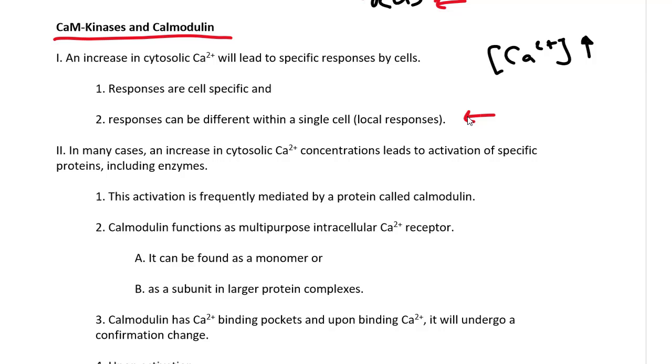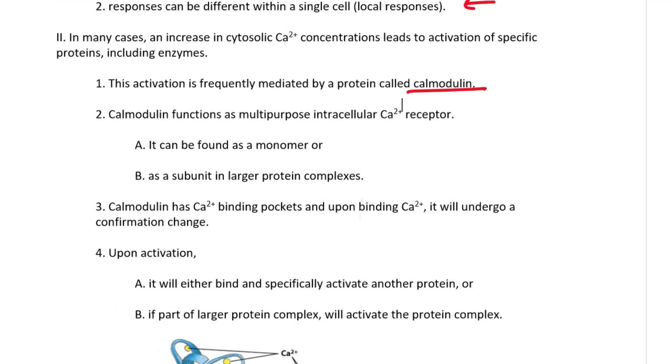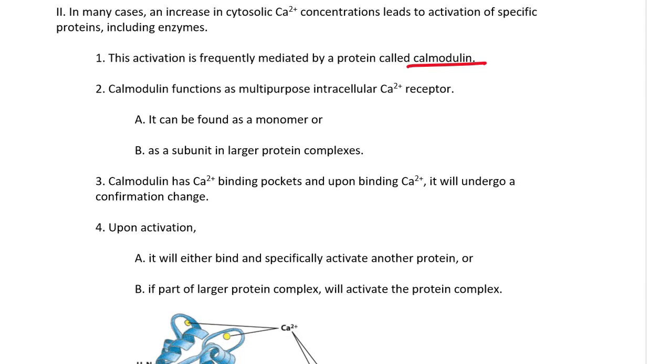This activation is frequently mediated by a protein called calmodulin. Calmodulin functions as a multi-purpose intracellular calcium receptor. It can be found as a monomer or as a subunit in a larger protein complex. It will be part of the larger protein complex, meaning it will be part of its quaternary structure.